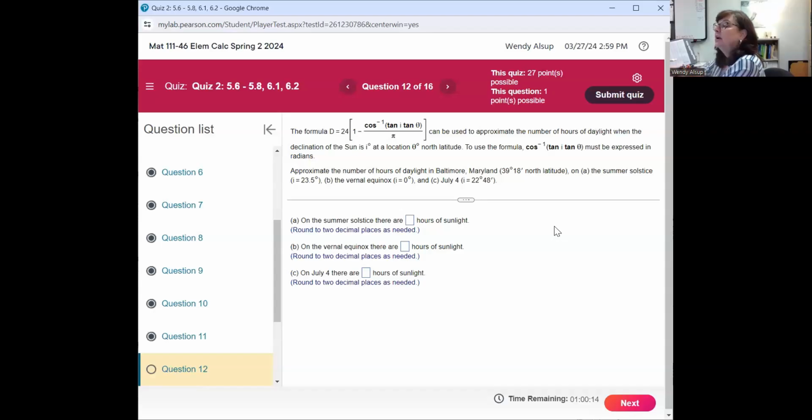We're going to have to convert, and they want us to find it at 3 different times of the year. At the summer solstice, the inclination would be 23.5 degrees. The vernal equinox, that'll be I equals 0 degrees, and that just converts very easily to 0 radians. And then July 4th, the inclination is 22 degrees, 48 minutes.